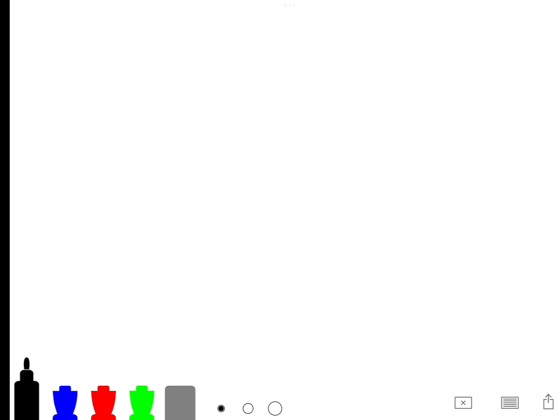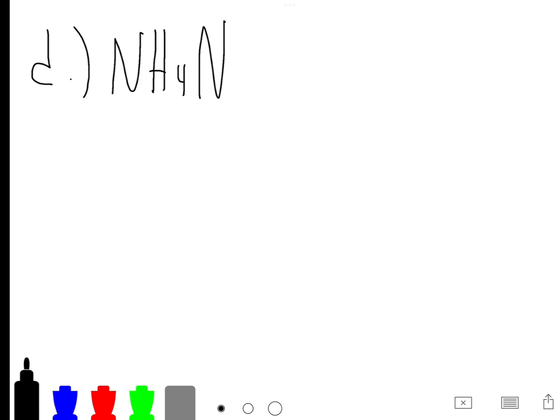Okay. The next one, D, is NH4NO3. So, understood 1, understood 1. So, 1 plus 4 plus 1 plus 3.